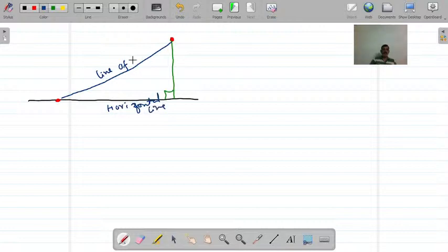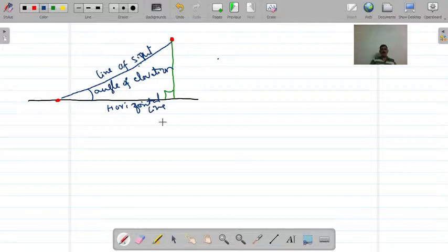At that time, the angle here is called the angle of elevation. What is the angle of elevation? You can say the angle of elevation is the angle formed between the horizontal line and the line of sight when the line of sight is above the horizontal line.